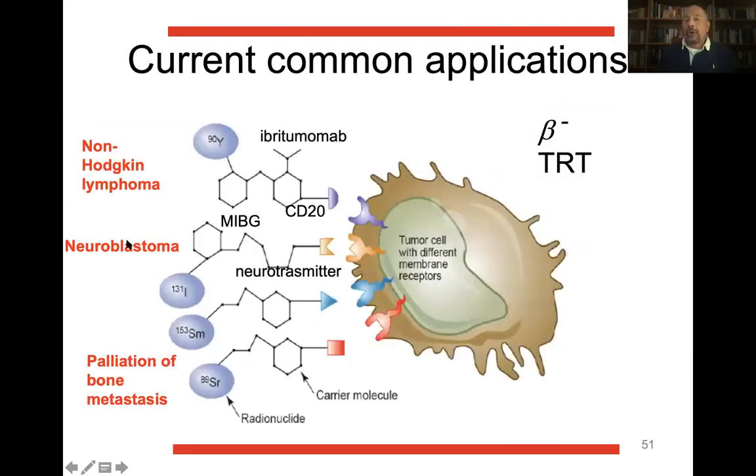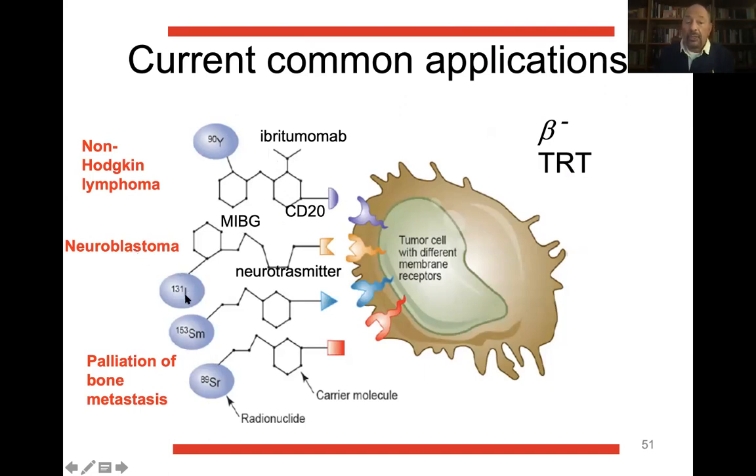What are the most common applications? The most common applications at the moment go with three kinds of tumors: non-Hodgkin's lymphoma, where you use yttrium-90, and you use the CD20 as a receptor because this is a receptor of stem cells.